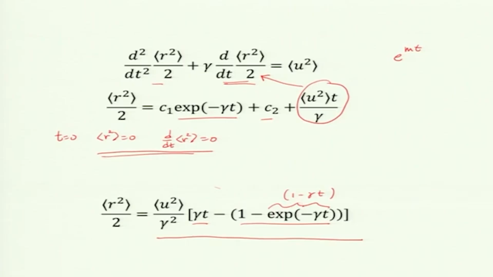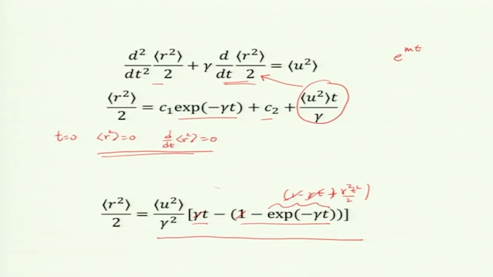So you go to the next order term, gamma squared t squared by 2. That will basically give you t squared. What does it mean? r squared is going as t squared, right? If I do this, then this will cancel with this and I will get t squared. So it is like ballistic: a short time before the kicks, it is going with constant velocity.